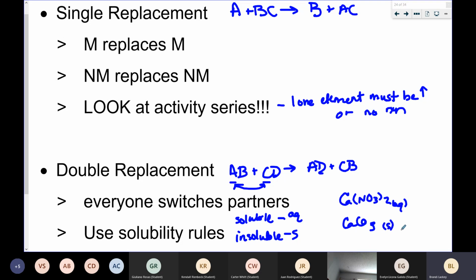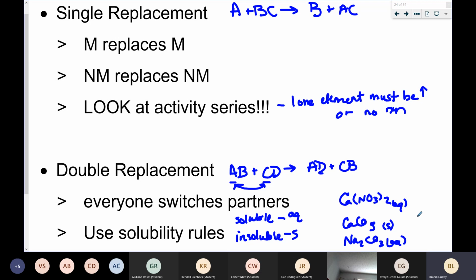And remember, exceptions are the opposite of the rule. So with carbonates, say that this was sodium carbonate. It does say that carbonates are insoluble except group 1. Sodium's in group 1, so this would be aqueous. So it would be the opposite of the rule if it's an exception. So hopefully you remember that.